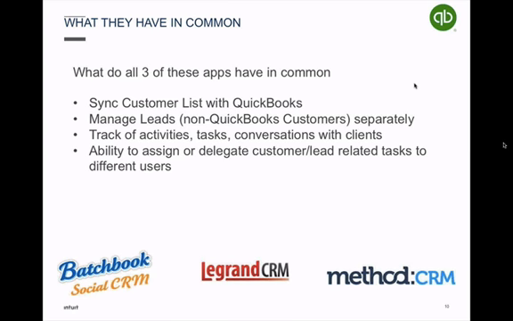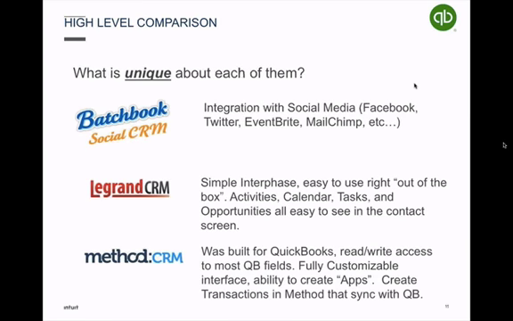All right, let's see what's unique about each of them. I told you first what they all have in common, at a high level. What's unique is what one does that the other doesn't. For example, the first one, Batchbook, was built around social media.